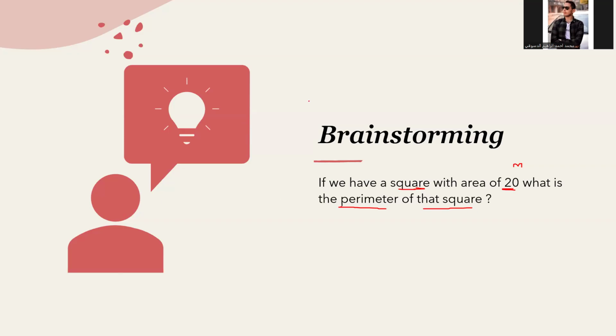Okay, he told me that I have a square, and there is an area, and he wants a perimeter. Okay, let's write both of the formulas. The area of the square is side times side, which is side square, and the perimeter of the square is 4 times side.